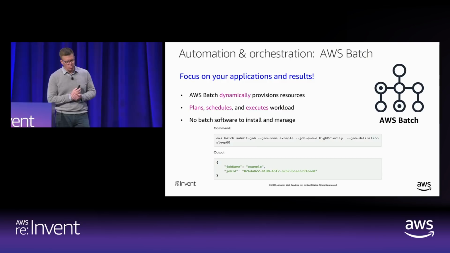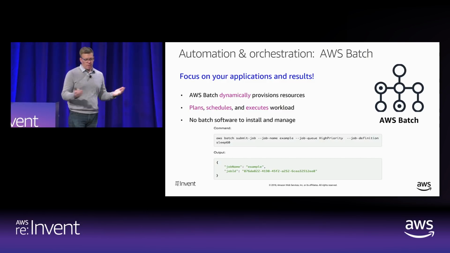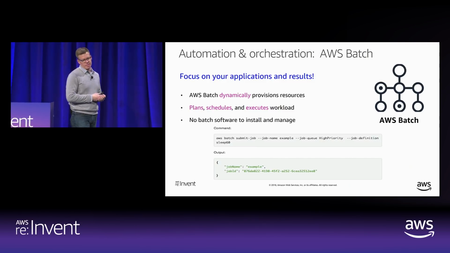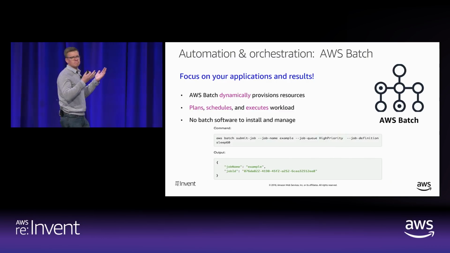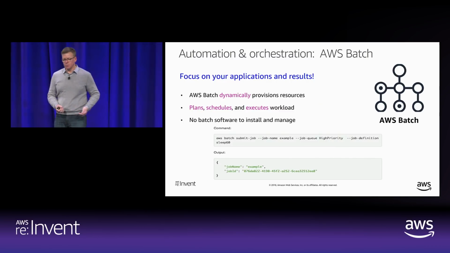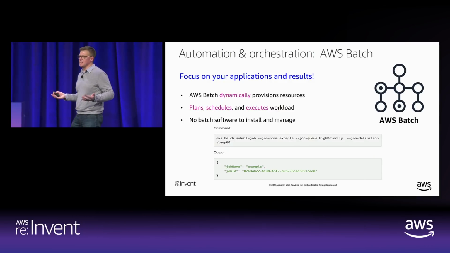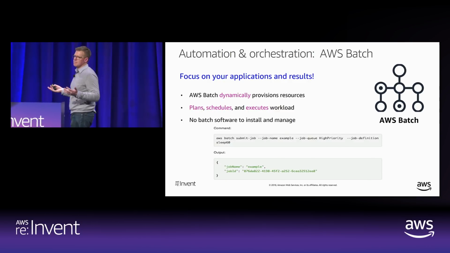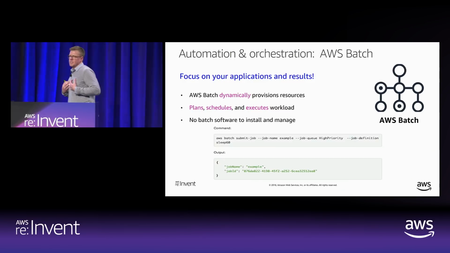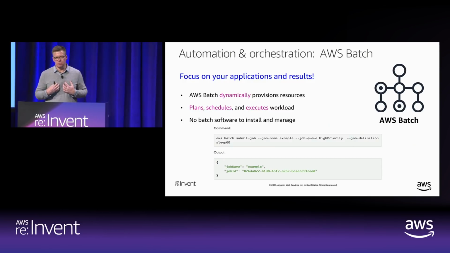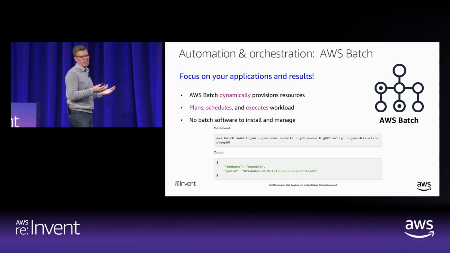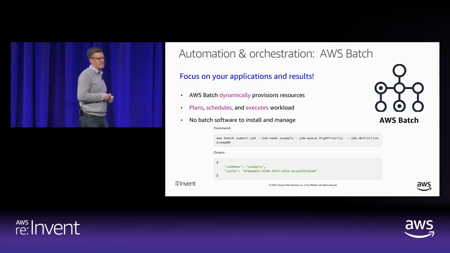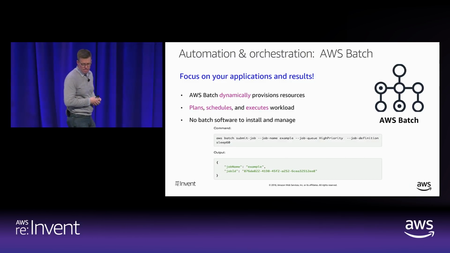Okay, so let's talk more about Batch. Batch is an orchestration service. It dynamically provisions your instances, starts them up, brings them down. You give it a job definition. It could be simple, like a script. We put together a container and we run a job through the container on the instances that Batch spins up.